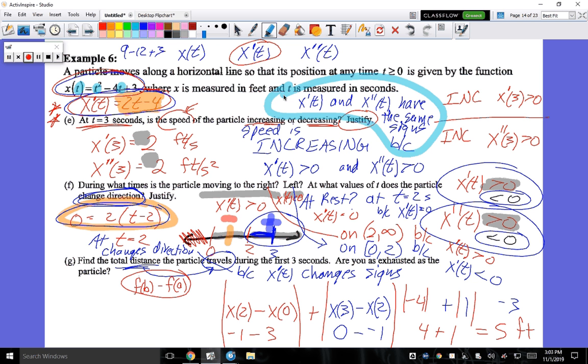And last but not least, the total distance that the particle has traveled. Now, there is an easier way to do this rather than trying to find the absolute value of each direction. To finish this up, we're looking at when it travels backwards, or to the left, from 0 to 2 seconds.